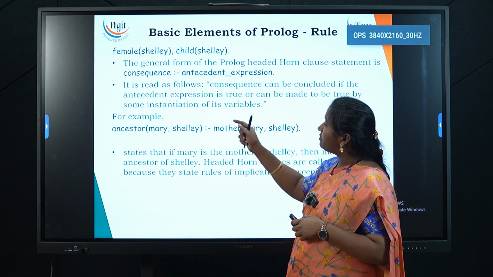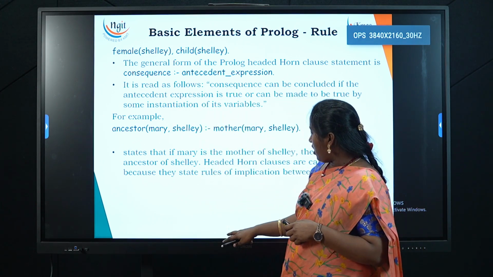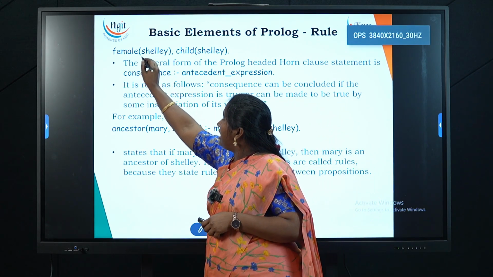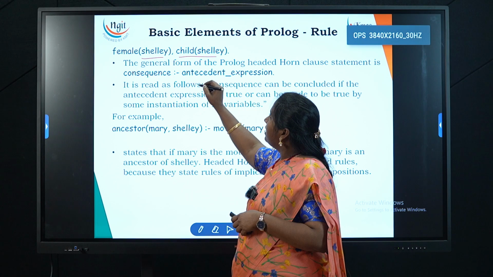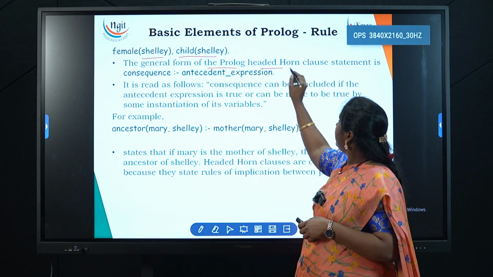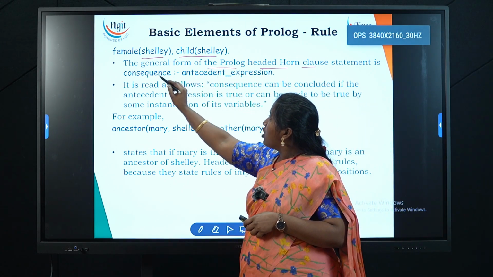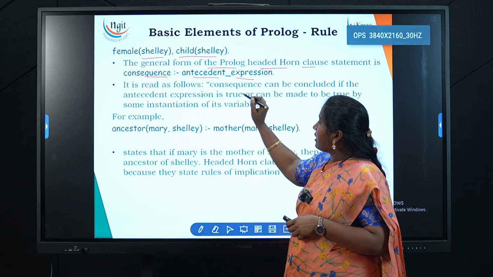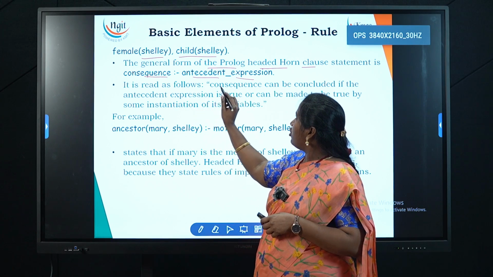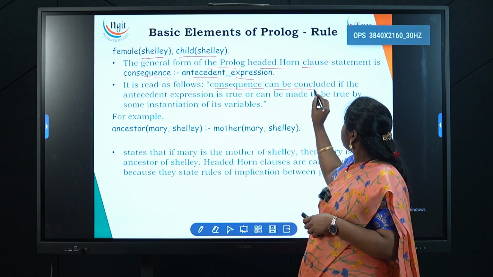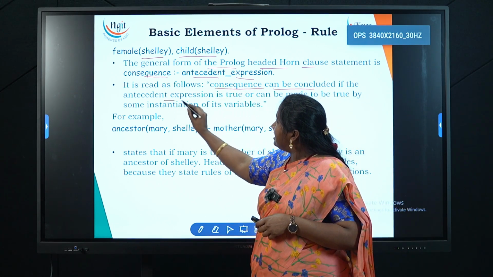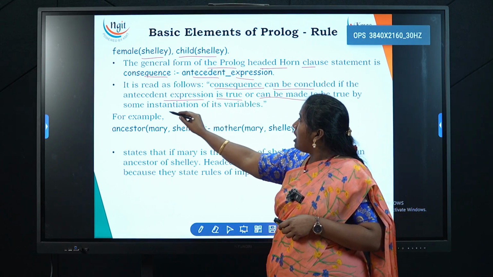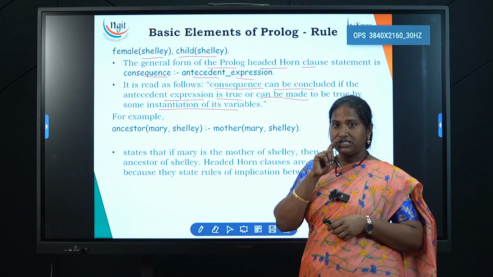And there is one more thing you can understand about how declarative semantics are written. Female Shelley, child Shelley. The general form of the Prolog headed Horn clause statement is consequence :- antecedent expression. Now it should be read as follows: the consequence can be concluded if the antecedent expression is true or can be made to be true by some instantiation of its variables.